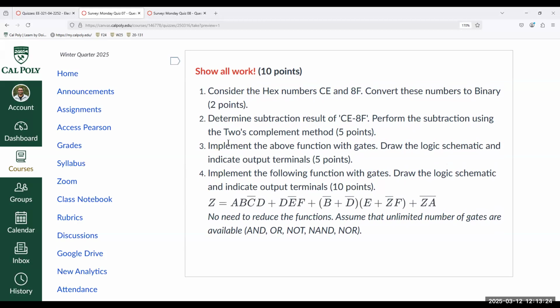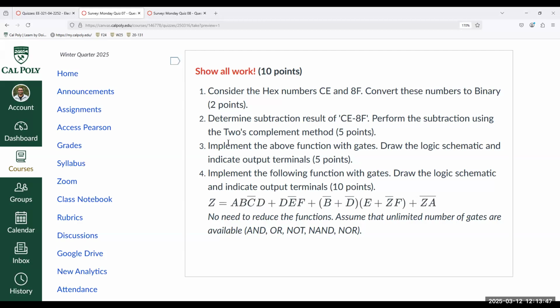A successful implementation of the logic is not possible within the realms of EE 321, let me put it that way. An EE student would have to take an entire academic year of digital logic design to actually implement this. So it's a low level overview that we are doing in this question.